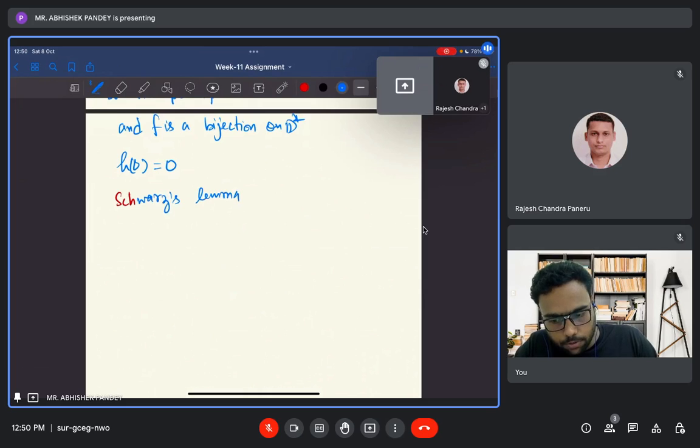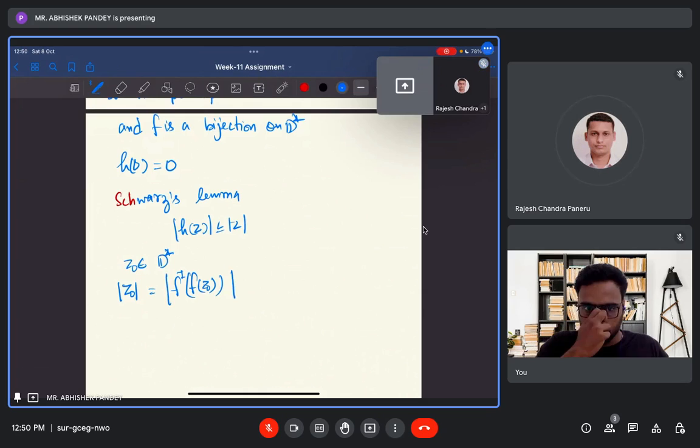Schwarz lemma will give you mod of h(z) is less than or equal to mod z. Now you take z naught belonging to D star, and modulus of z naught will be nothing but f inverse f of z naught, isn't it?